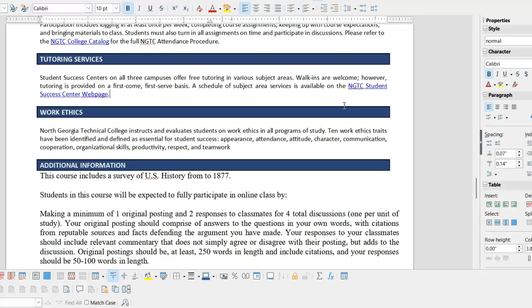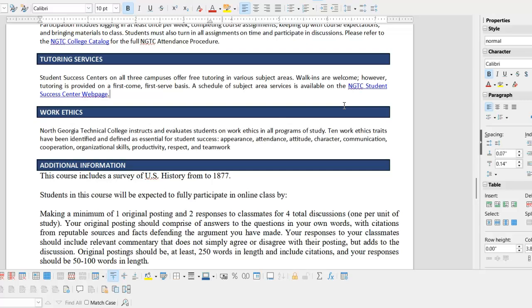And you'll be utilizing almost all of those in this course. We may not be utilizing teamwork. I tend not to like having joint groups in the asynchronous classes. But definitely in the attendance, which is defined and characterized again by submitting everything timely.